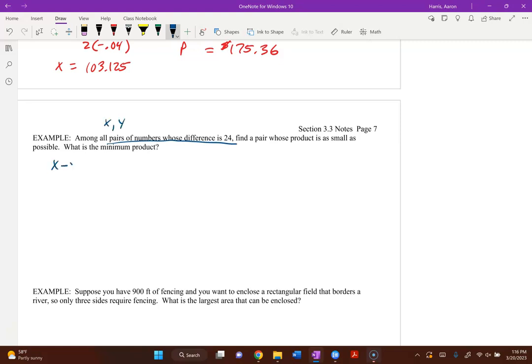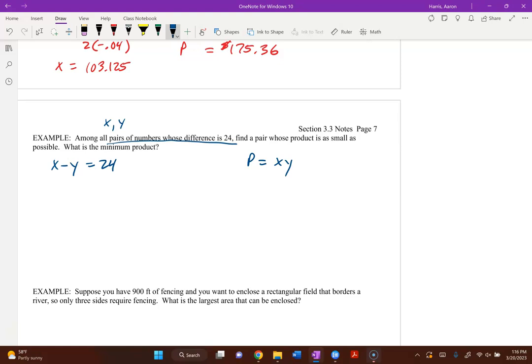So their difference is 24. And then their product, right, their product is what we're trying to minimize. We want a minimum product, the smallest number that they multiply to become.